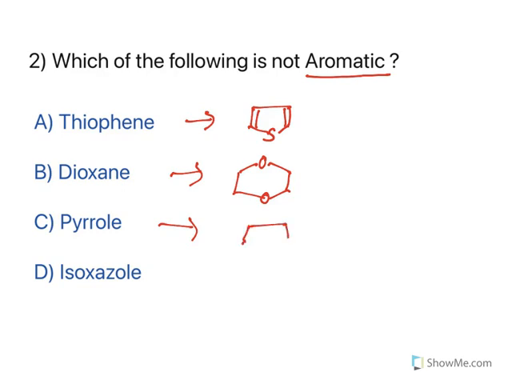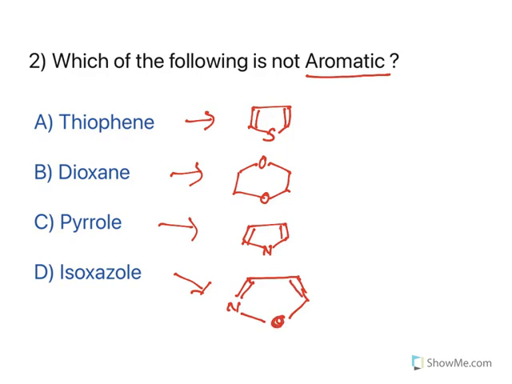Just now we have seen that pyrrole is a nitrogen-containing 5-membered ring. Now isoxazole. Oxazole and isoxazole are oxygen and nitrogen containing heterocyclic rings. In oxazole the nitrogen and oxygen are present at the 1 and 3 positions, whereas in isoxazole they are present at the 1 and 2 positions. So this is isoxazole.